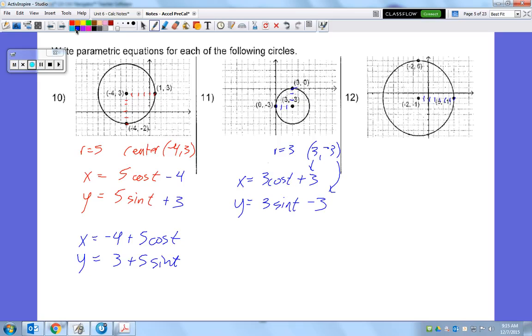So we have from negative 2 all the way to 5 is going to be 7. And from negative 1 all the way to 6 is going to be 7. So r is 7. And the center looks to be negative 2, negative 1. So x is going to be 7 cosine of t minus 2. And y is going to be 7 sine of t minus 1.